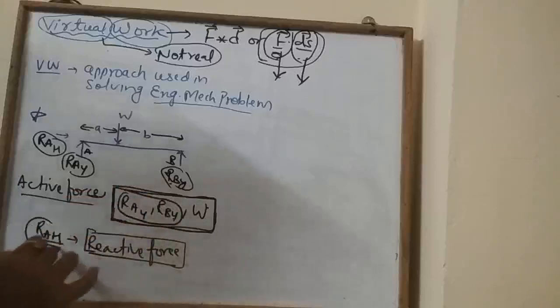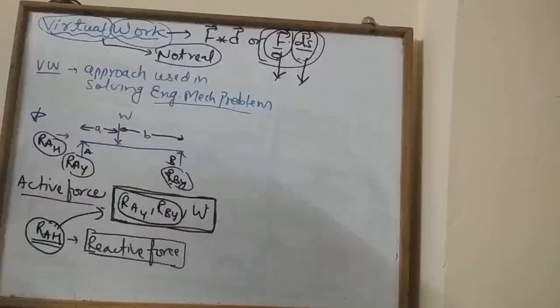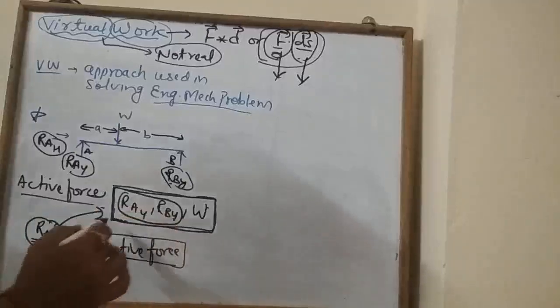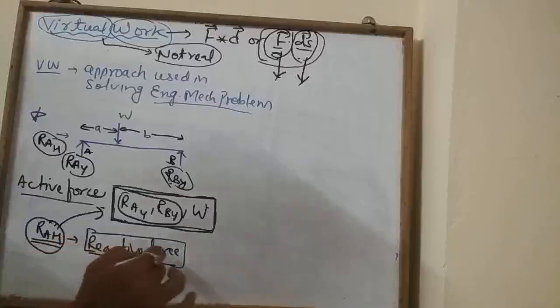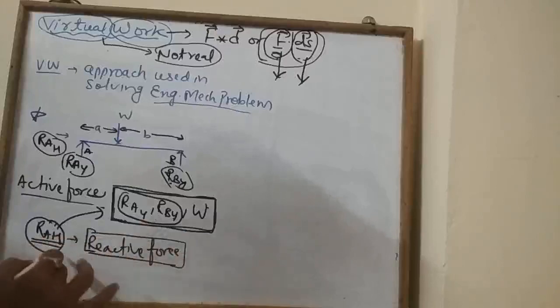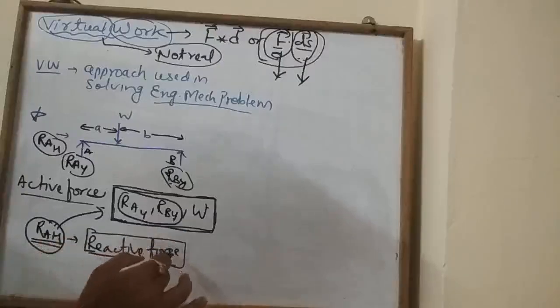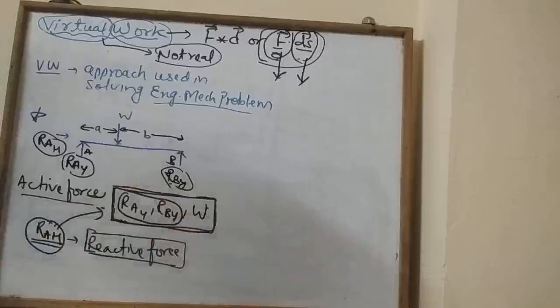If we consider RAH also in the active force domain, then also we can apply virtual work, but we can easily identify this is a reactive force which is producing no work. So no need to include it in the virtual work approach. So we'll be including only these two forces.